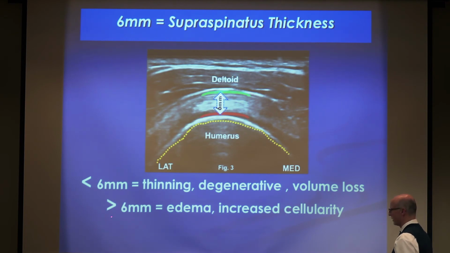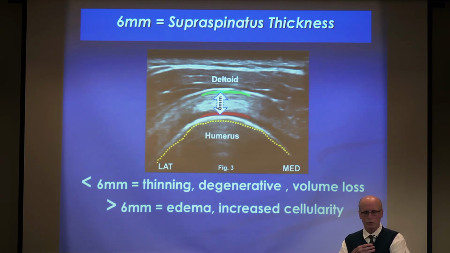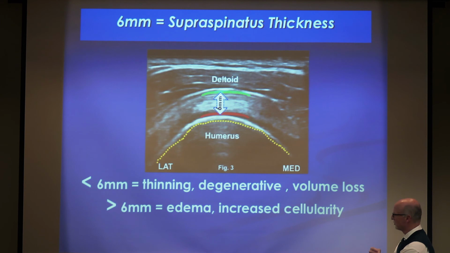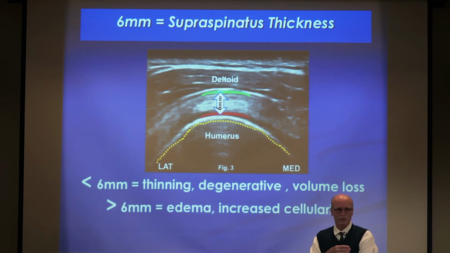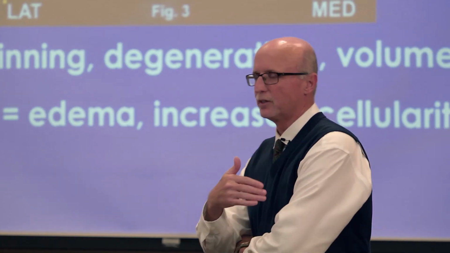If you have a measurement greater than 6 millimeters, edema, or something that we're going to be discussing as increased cellularity. Increased cellularity is one of the 3 criteria that we use to use ultrasound to evaluate something that is very, very common in evaluating tendons, and that is tendinosis. You probably will never, in your clinical practice, see an active tendinitis.